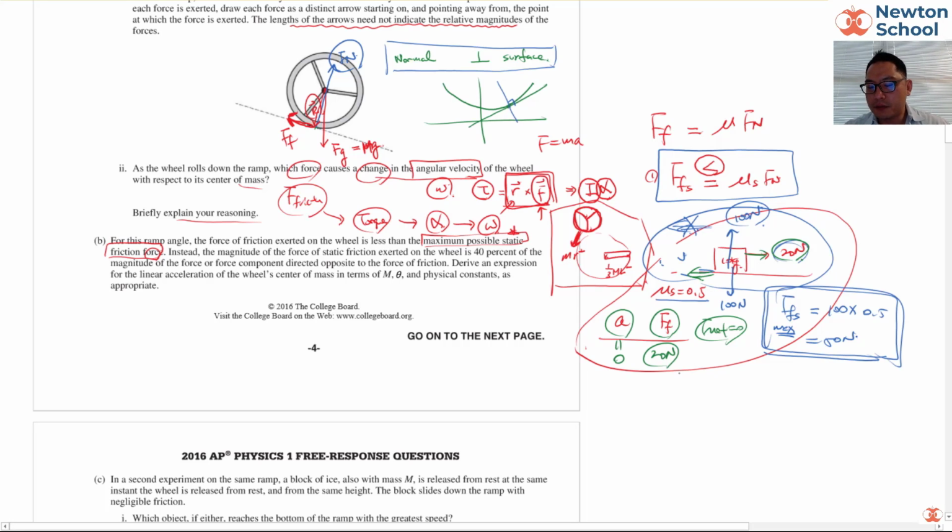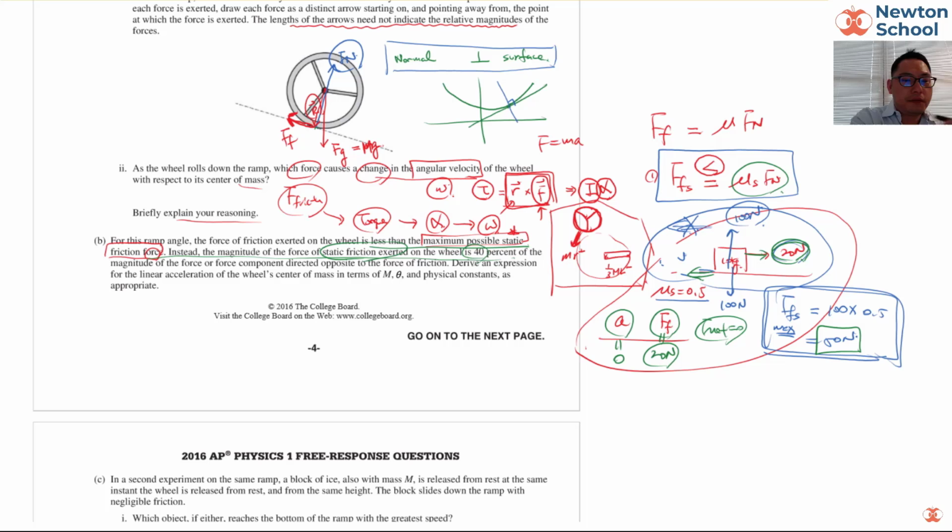So for this type of question, to find the force of friction, you can't really use mu s Fn. You just use this data to check if it's going to move or not. If it does not move, you know F net equals 0, so the force of friction is actually whatever you applied. So that's what this line means. That's why it says static friction exerted only 40%.